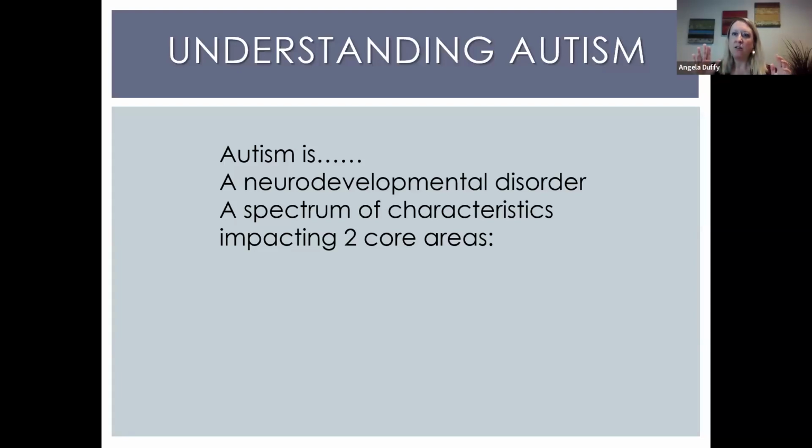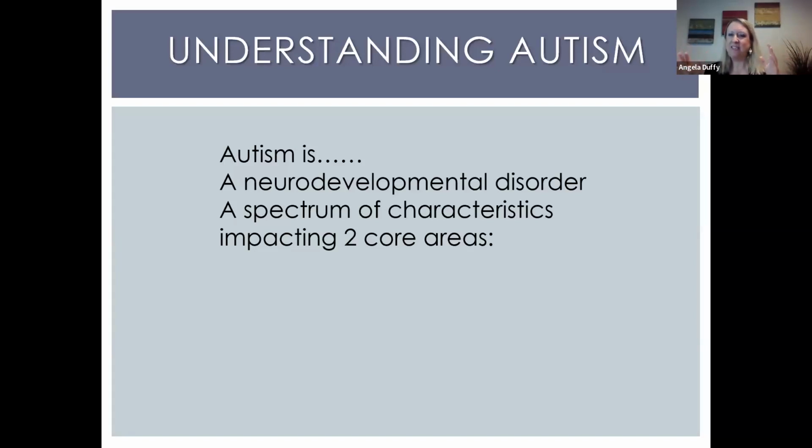They can fall along the spectrum in some areas, maybe not being as well developed in their social skills, so maybe they're falling more on the left side of the spectrum, but then falling more along the right side of the spectrum in other areas, like maybe their motor skills are really good.